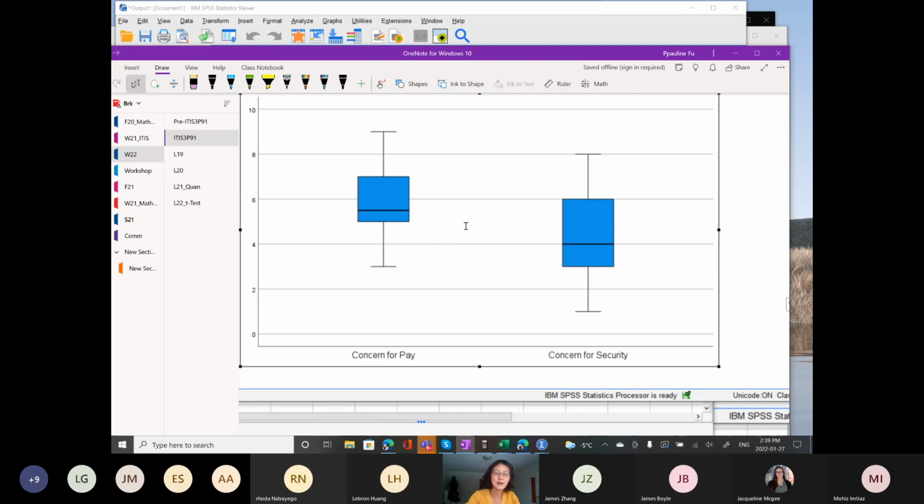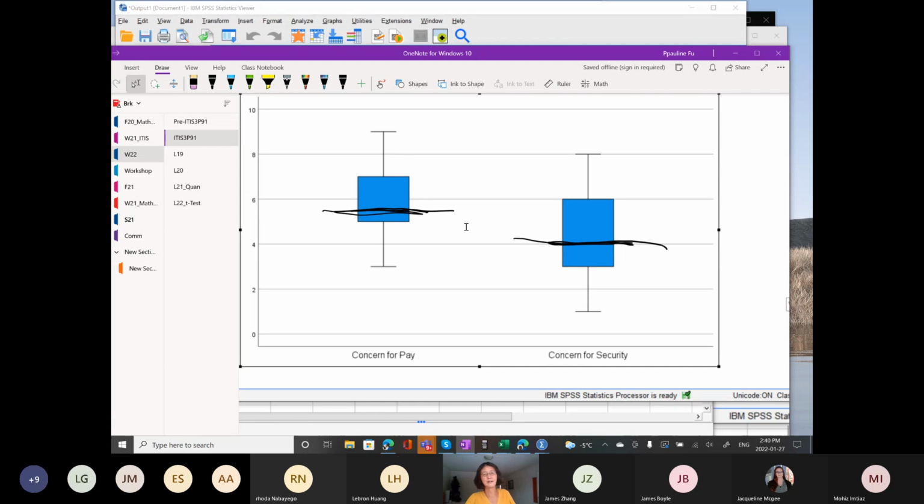The mean value for pay is here. The mean value for security is here. Those two mean values have a big difference. That is our result. Those two values are different. The rating for pay is different from the rating for security. Okay. All right, any questions?